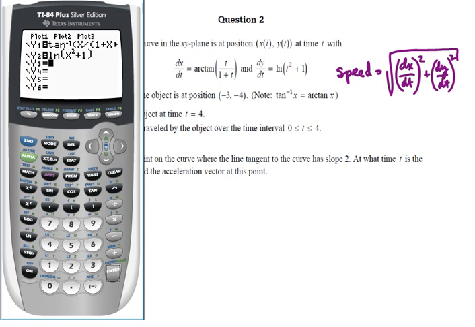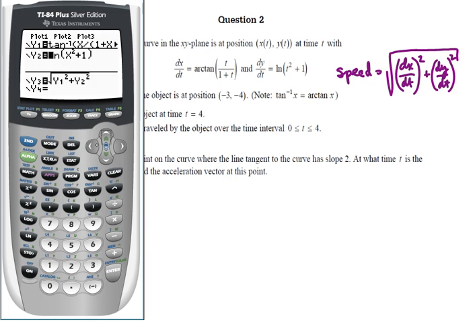Now what I'm going to need next is the square root of Vars, Y-Vars, Function Y1, that is dx/dt quantity squared, plus Vars, Y-Vars, Function Y2 quantity squared, and that gives me my speed function.